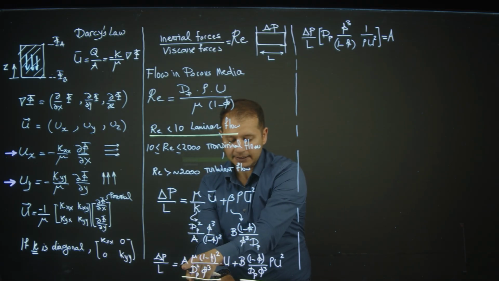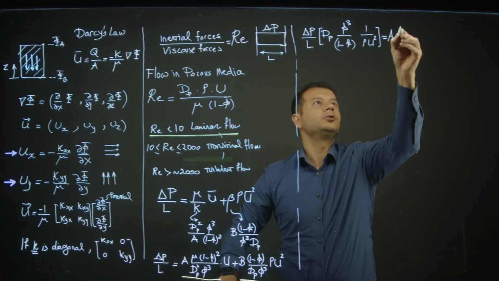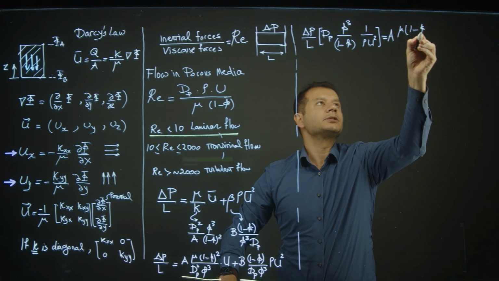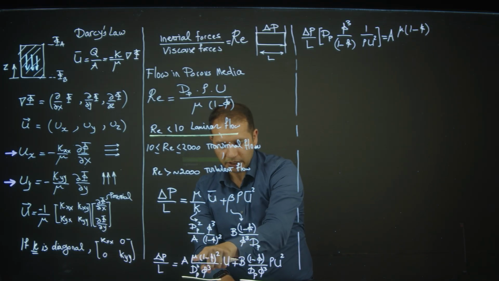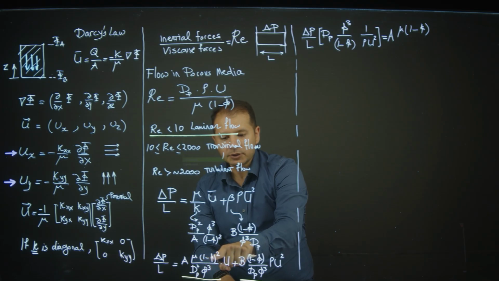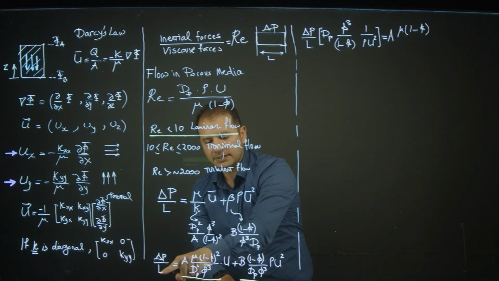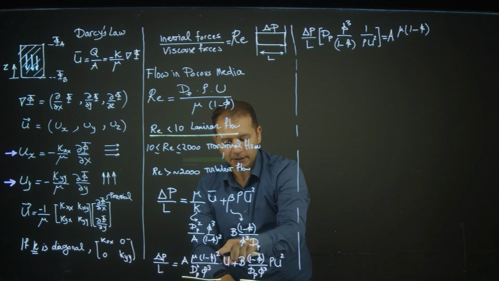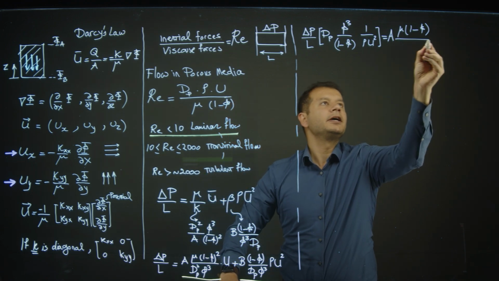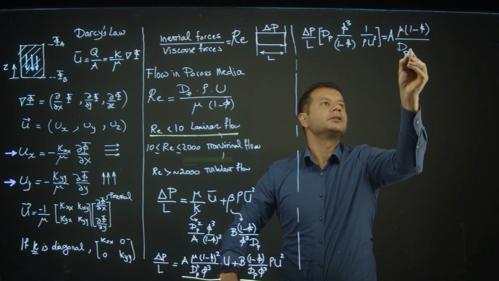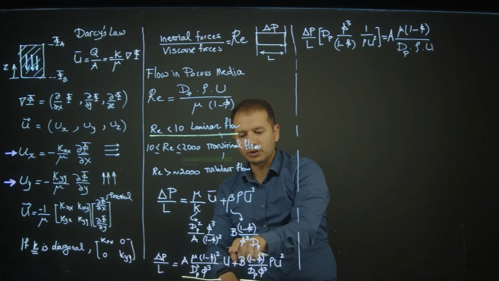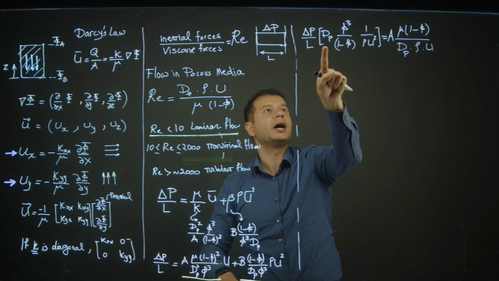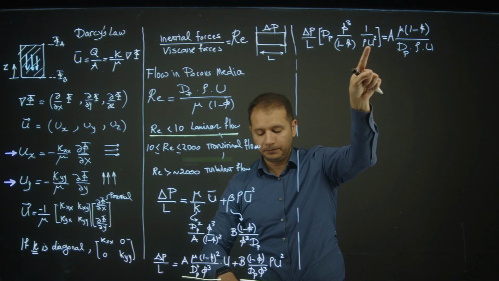The A will stand here, but it will be mu 1 minus porosity, because mu remains here, 1 minus porosity to the power 2, one of it is denominator, another remains here, and then we will have grain diameter times rho times U here left, because U was to the power 1, not to the power 2, and I'm taking U to the power 2 here.